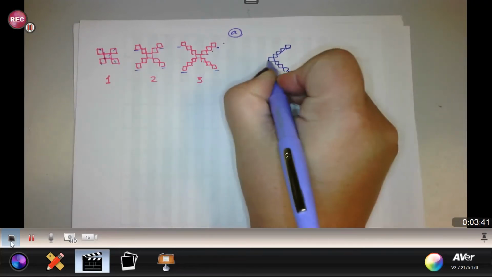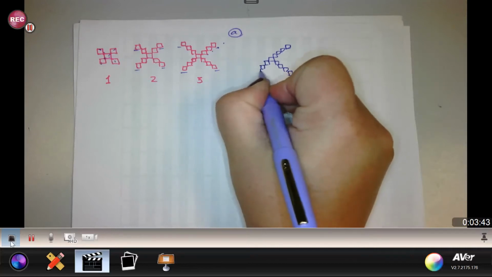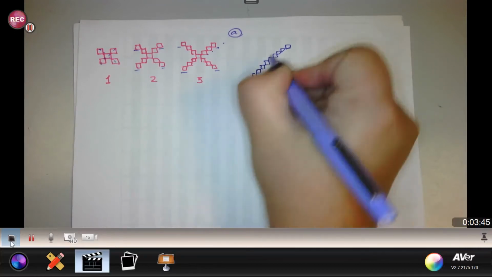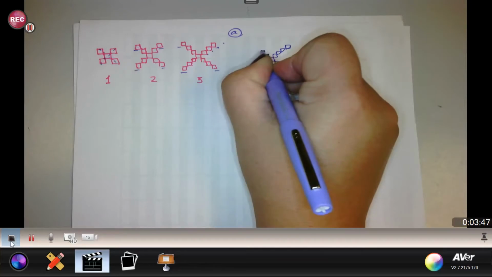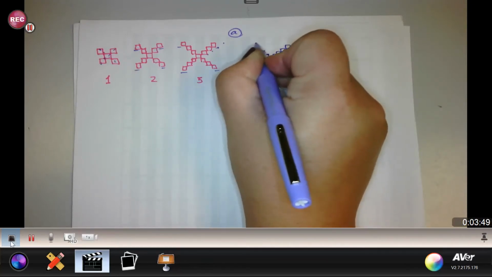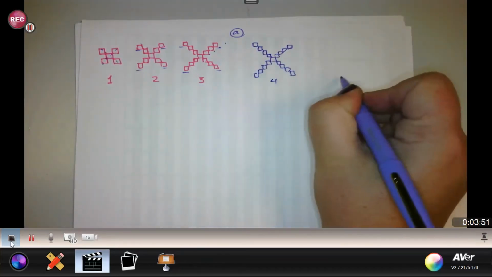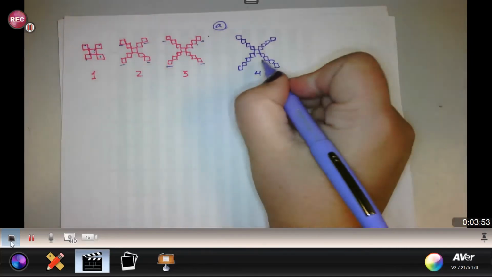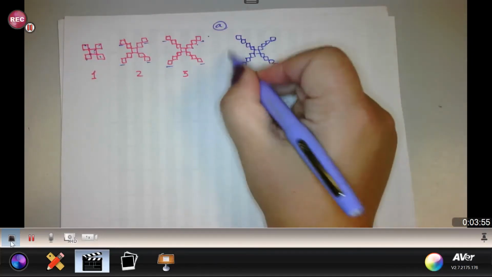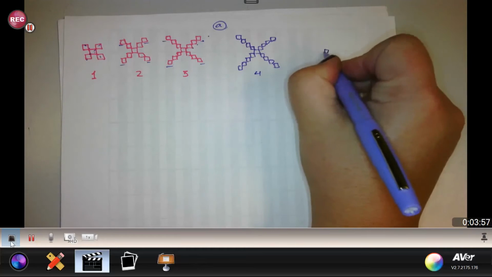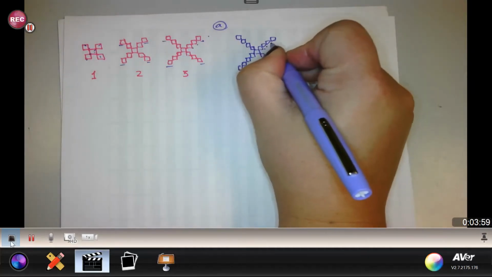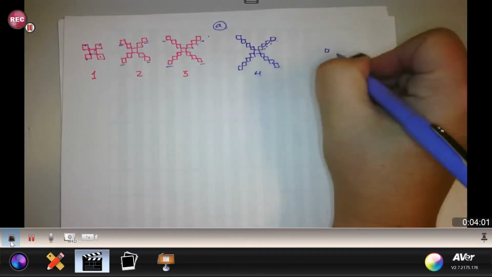It's easier with graph paper, but it doesn't have to be perfect. We're just trying to get across the idea here. Then for the 5th model, it would be the 4th one, and I would add 1 square onto the end of each one. This was 4, so I'm going to do 5 on each leg.